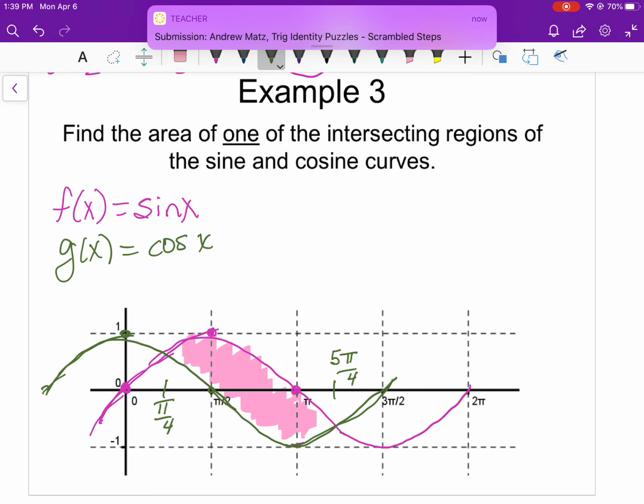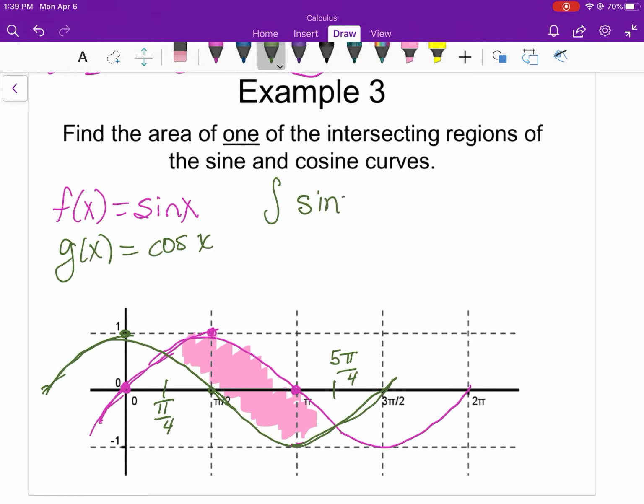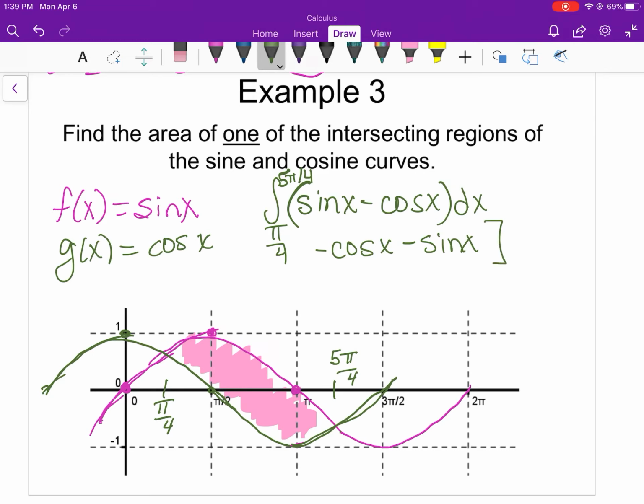And so what we're going to do is take our pink curve, subtract our green curve, and go from pi over 4 to 5 pi over 4. So we're going to have the negative cosine of x minus the sine of x, from pi over 4 to 5 pi over 4.